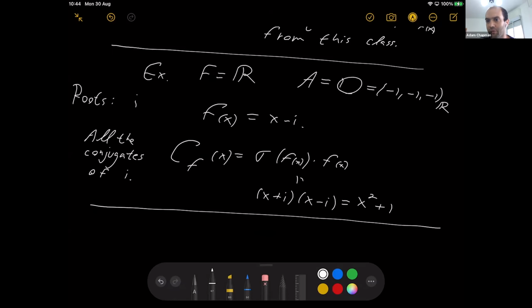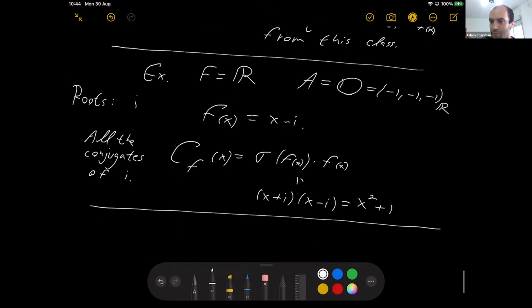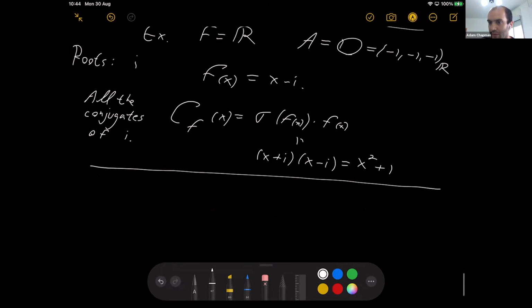In the remaining time of my talk, I want to say one word about why I called it the companion polynomial, and it's connected to eigenvalues. So how are we dealing with eigenvalues here at all? So the connection to eigenvalues.